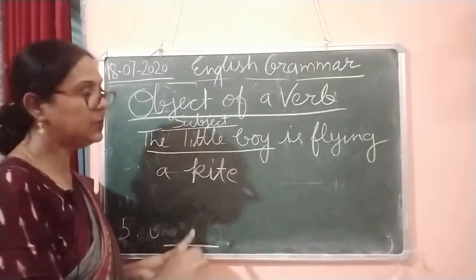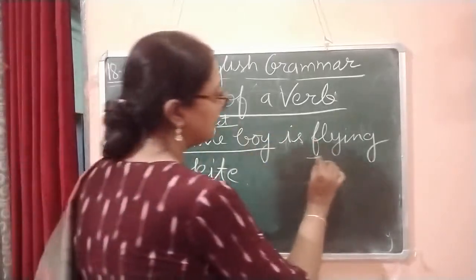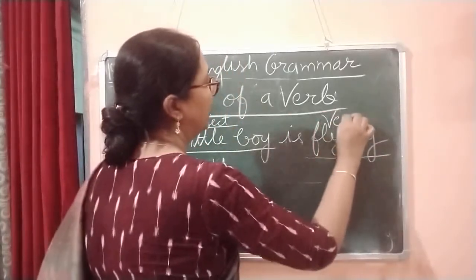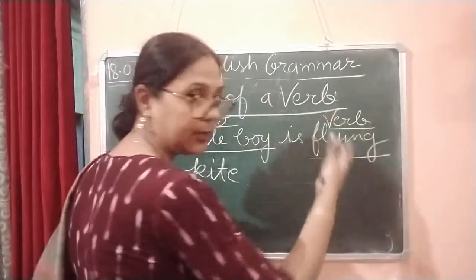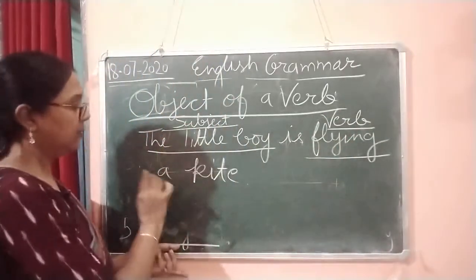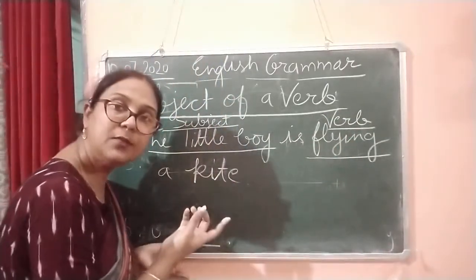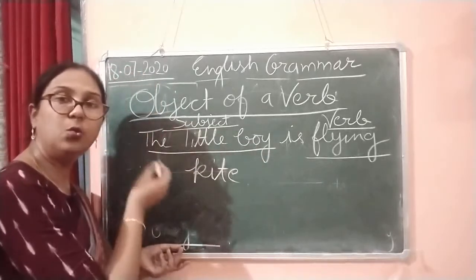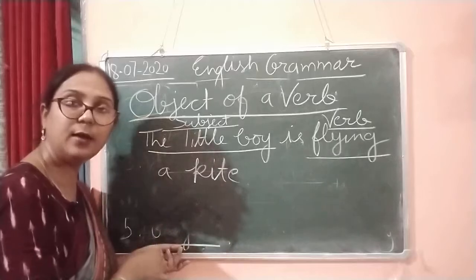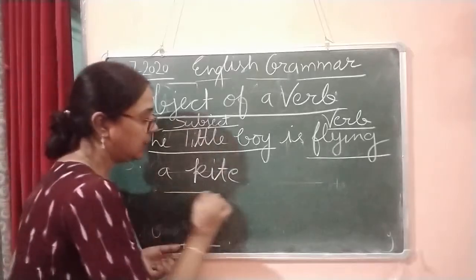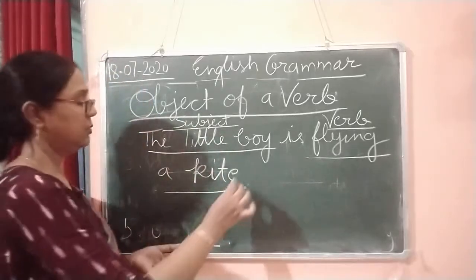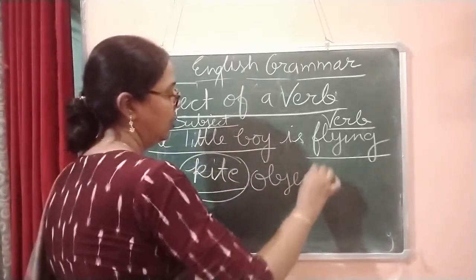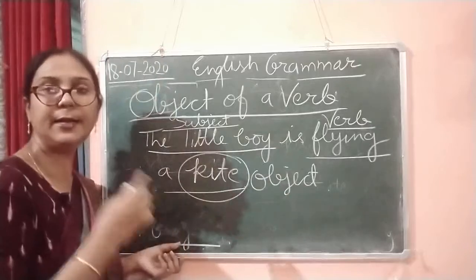of a sentence, and here you can see flying. Flying is the verb or action, and what is he flying? Which object is the doer doing his work on? A kite. So this is called the object of a sentence.